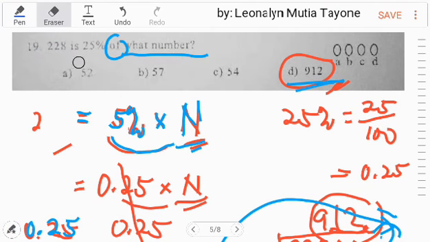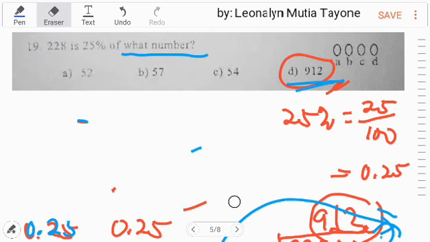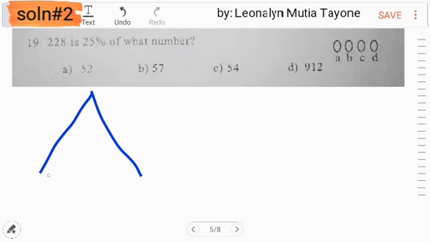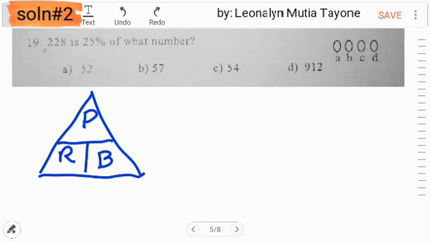Now, let's do solution number 2 using the formula. So, ano nga ulit yung formula natin? Ito ay yung portion tapos yung rate at saka yung base. Ang question ay 228 is 25%. Isulat muna natin yung formula natin.